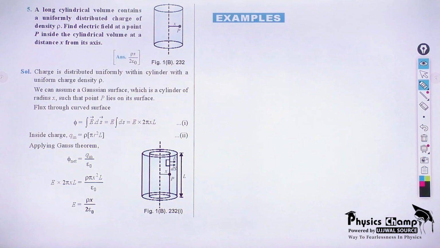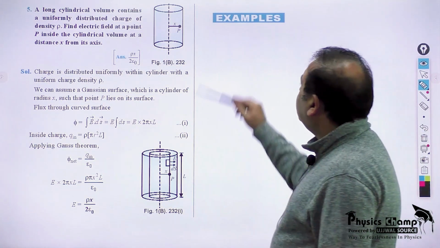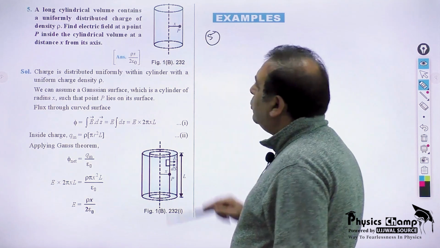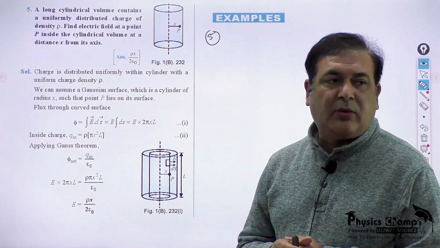Let's take question number 5 here, which says there is a long cylindrical volume that contains a uniformly distributed charge of density rho.